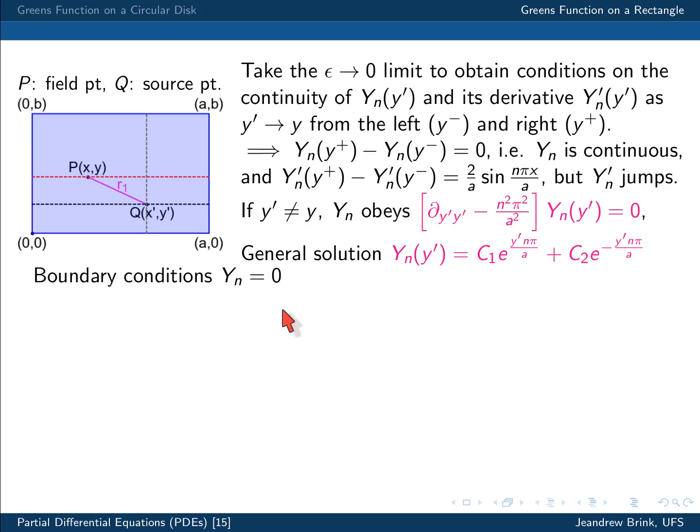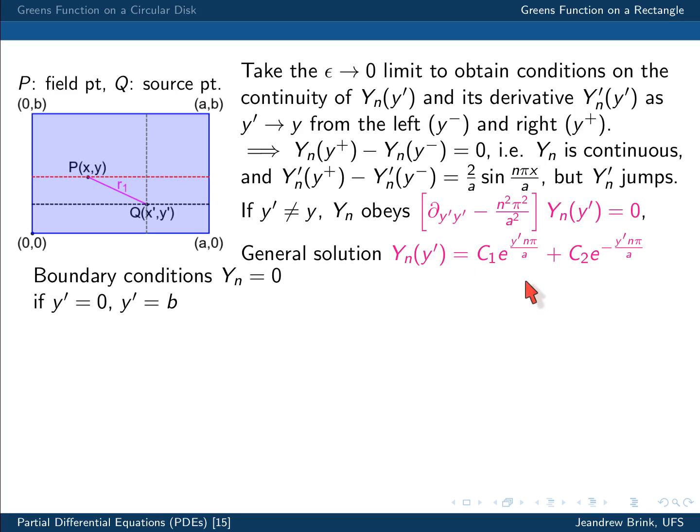So we're going to now look for that specific solution. Okay, so let's see how we do it. We have our general solution. We have boundary conditions that yn is equal to 0 if y prime is equal to 0 and y prime is equal to b. So the first thing is, let's evaluate what happens if y prime is equal to 0, and then you can write down conditions on C1 and C2.